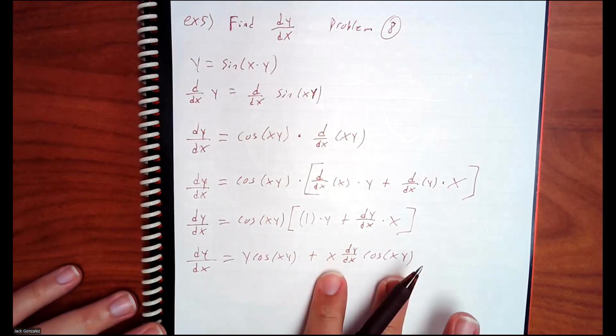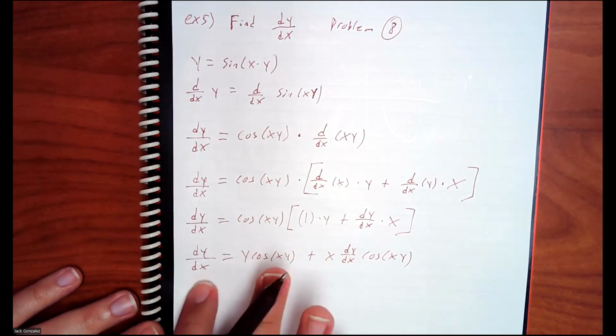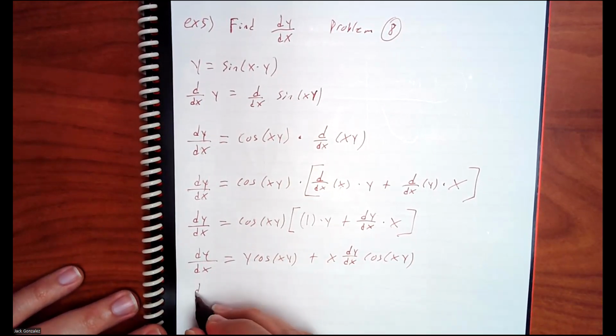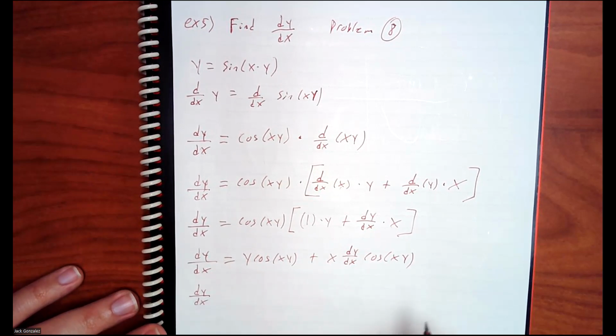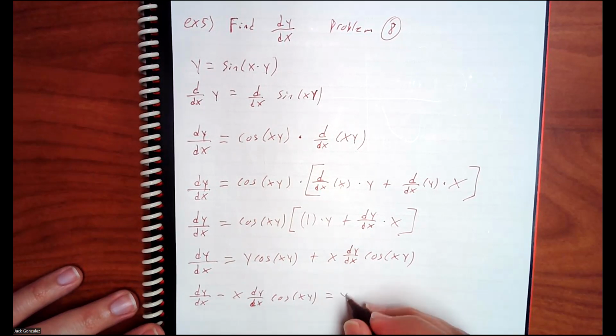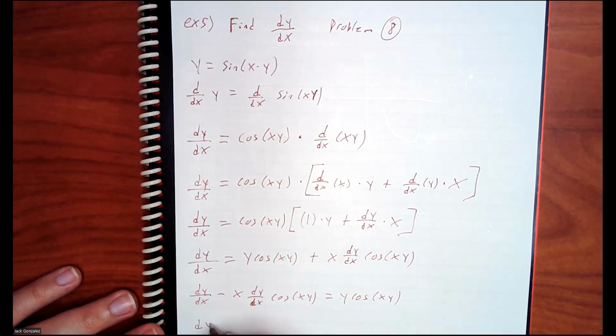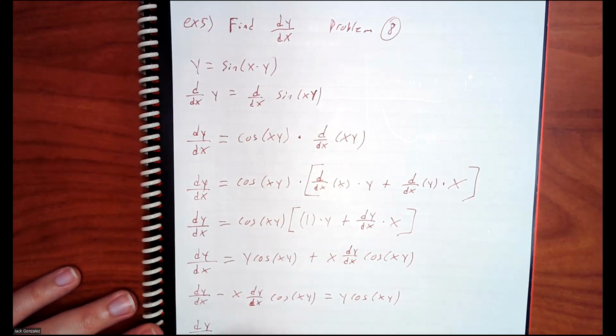Move this guy over here, isolate dy/dx. So minus x dy/dx cosine xy equals y cosine xy. Factor dy/dx like usual.